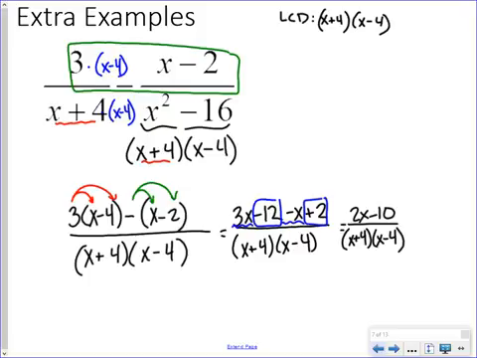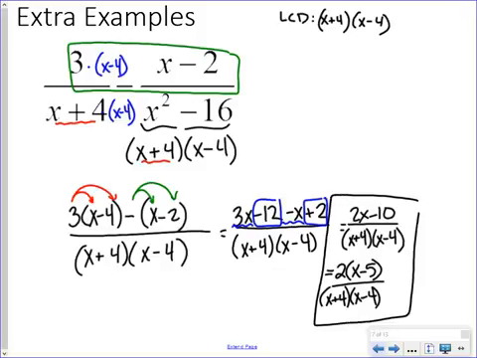If our numerator is factorable, we want to make sure that it shares no common factors with the denominator because then it's not simplified. I can factor 2x minus 10. It has a greatest common factor of 2, which gives me 2 times x minus 5 over x plus 4, x minus 4. But none of those factors are the same as the factors in the denominator, so either one of these would be an acceptable answer.